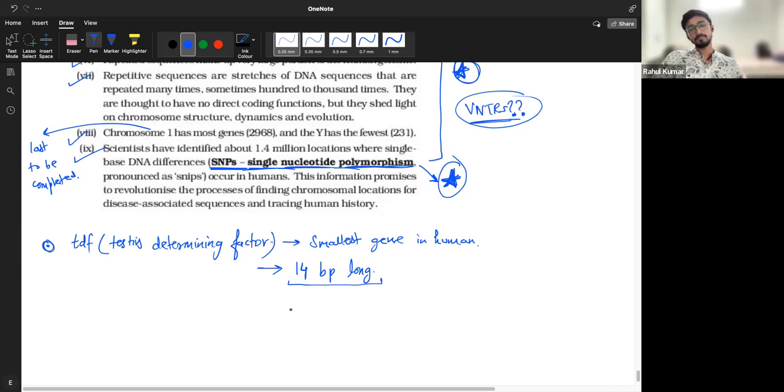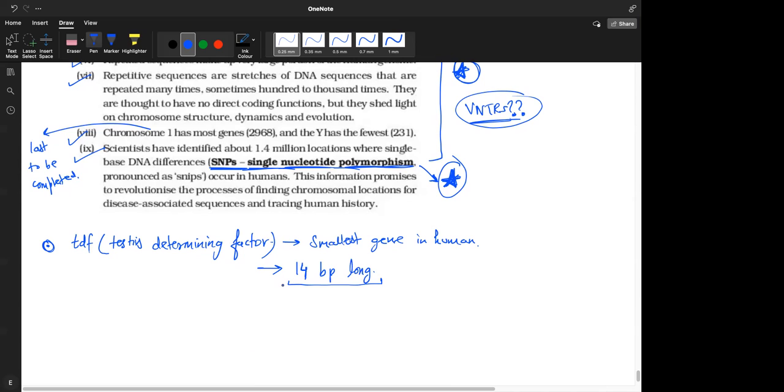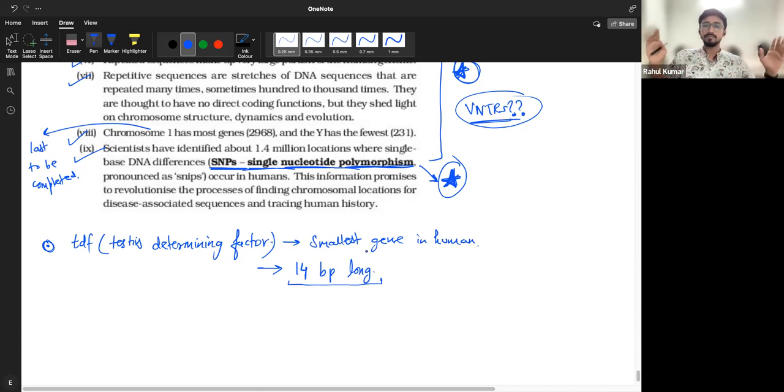Now can you appreciate and understand why male is a non-default state and needs to be defined later on in evolution? You understood? Yes, sir. So it has only 14, only in the whole genome. Now this is very, very interesting.